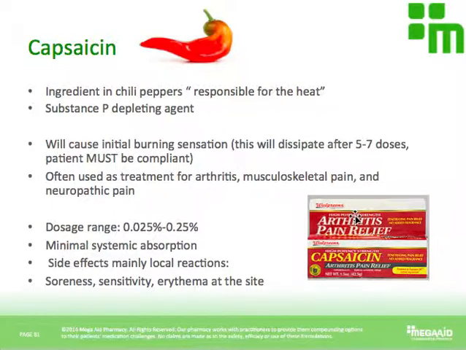You can see here's a Walgreens version, and specifically says arthritis, pain relief, musculoskeletal, and even neuropathic pain. So these are the typical doses. These are the doses that we use, 0.025 up to 0.075. This drug has minimal systemic absorption, and the side effects are mainly local soreness, sensitivity, and erythema at this site.